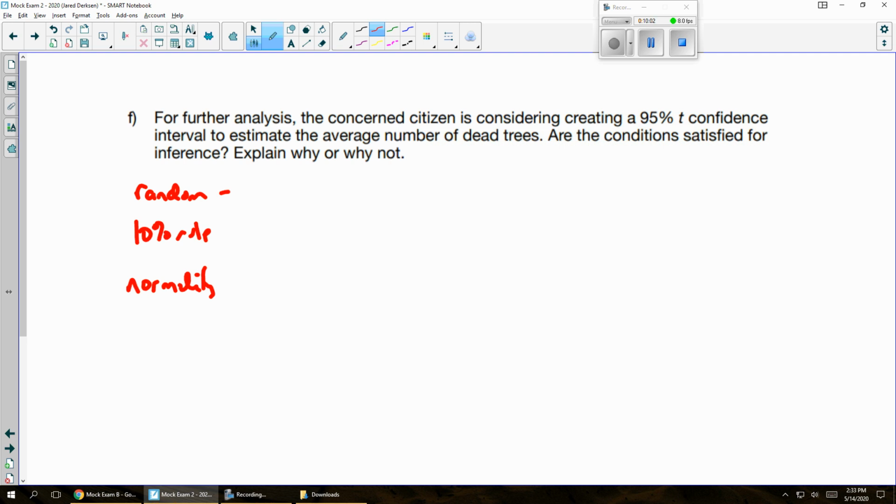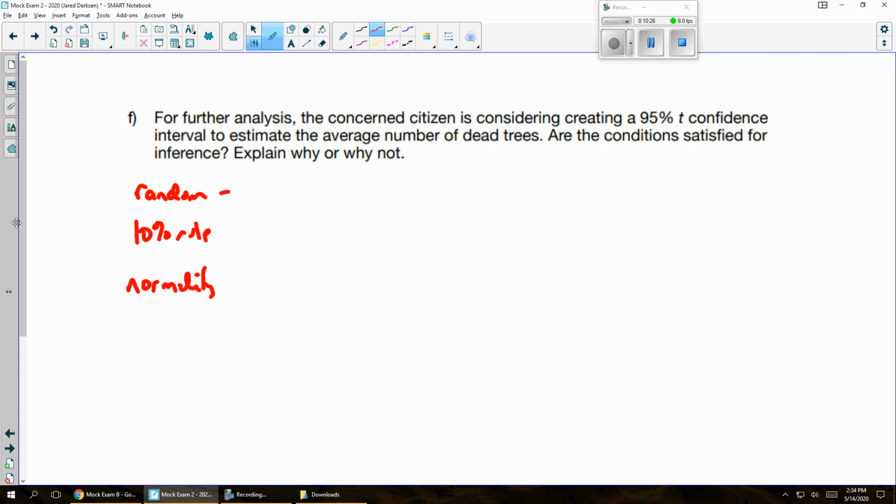Yes, and I'm not going to write all this down, but yes, it was stated previously that we picked random blocks here. The 10% rule, yes, there's more than 750, or more than 10 times that number of blocks out here. And the normality, 75 blocks is big. It's bigger than 30 or 40, whatever standard you're using. And so all three of those conditions are met.